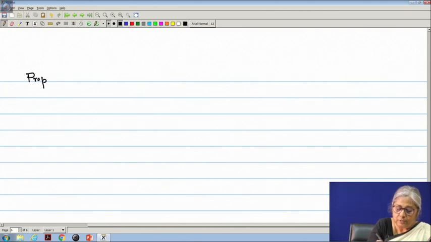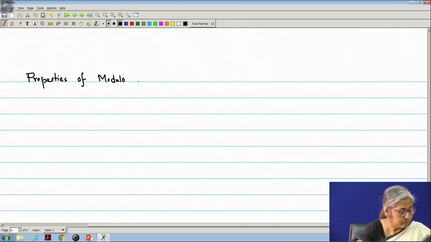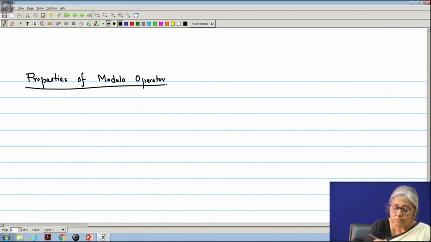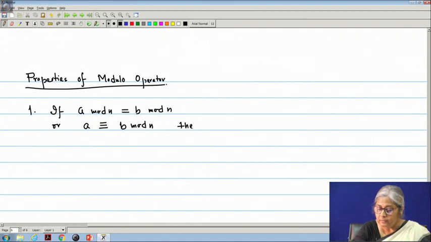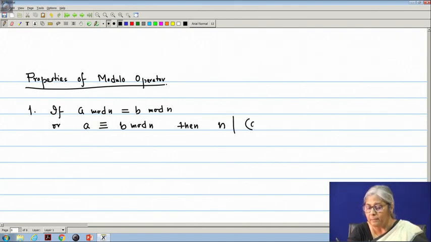So, many times we define the property that if a mod n equals b mod n, or a is congruent to b mod n, the same thing we just defined, then n divides a minus b.